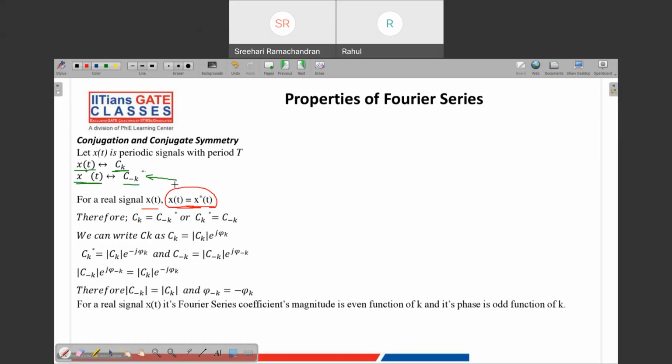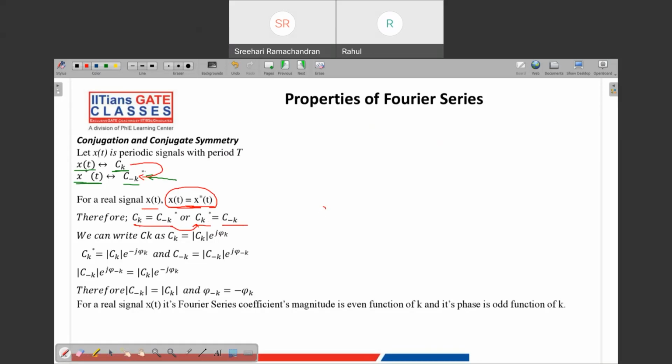Because of this, c of k and c of minus k conjugate, both of them will be equal. Or you can say that c of k conjugate is equal to c of minus k. From here to here, on both the left and right side, I have again taken the conjugate of both of them.